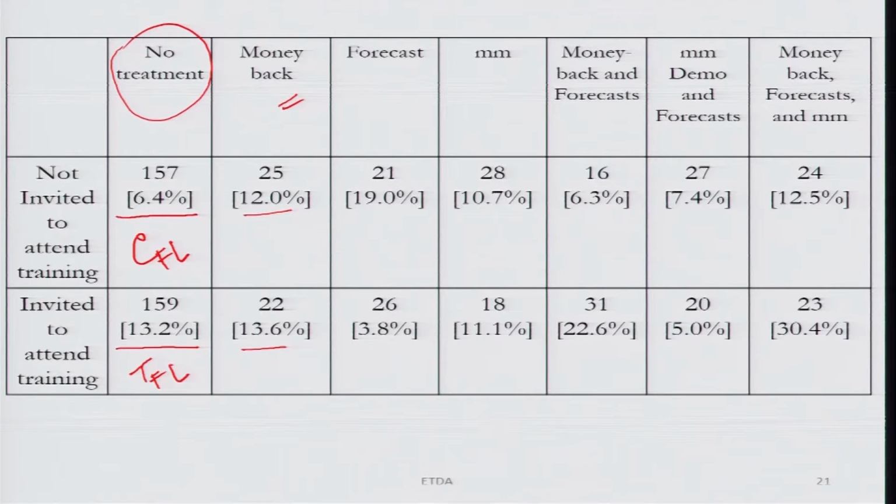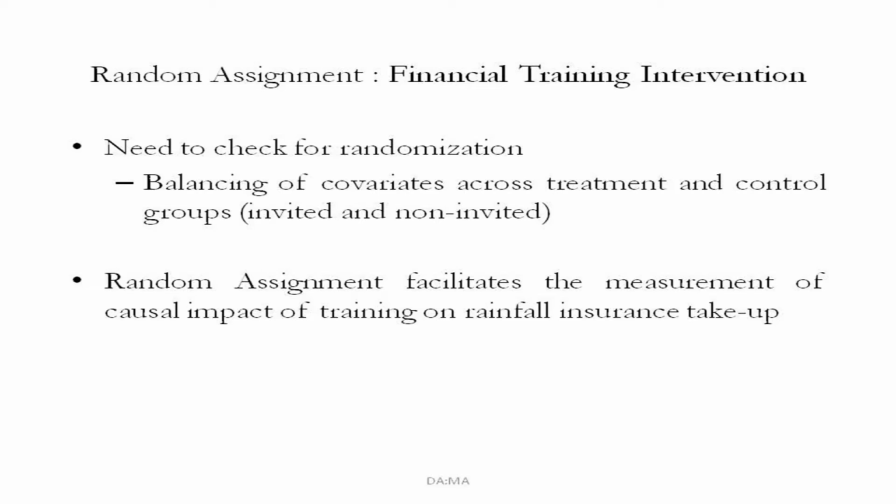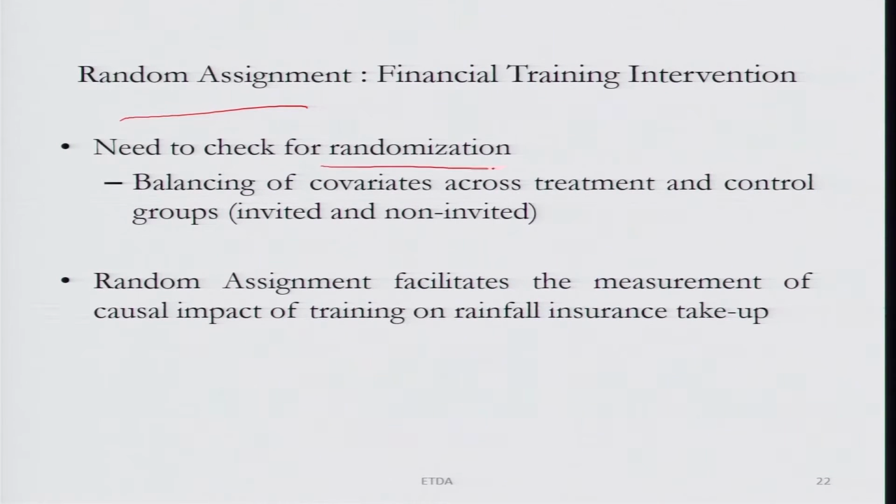So, given this description of the experiment, and how the groups were assigned to different treatments, what we need to check now is the most important part, which is the random assignment itself. So, we need to check for randomization.